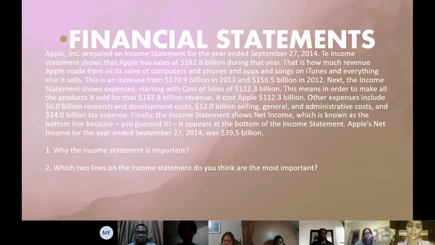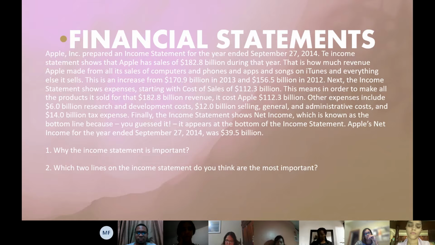Because it clearly states whether a company is making a profit. The total revenues and expenses of a company are listed on its income statement.